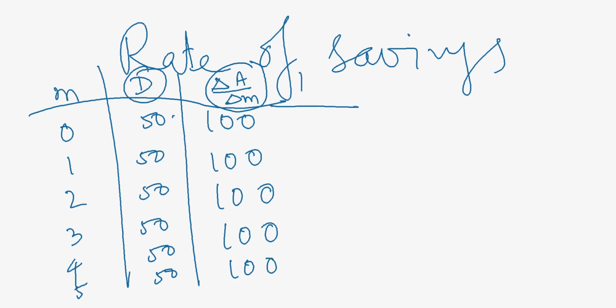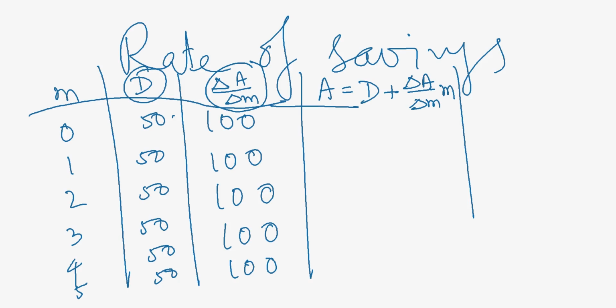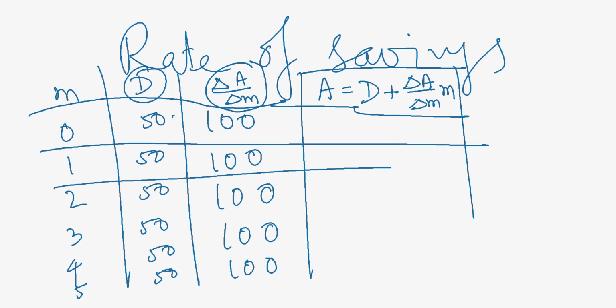As long as these two are fixed, then we can calculate A, which is nothing but the initial deposit plus the rate at which every month how much we deposit, multiplied by the number of months, will give you the value for the y. You get that? Yes. Okay.